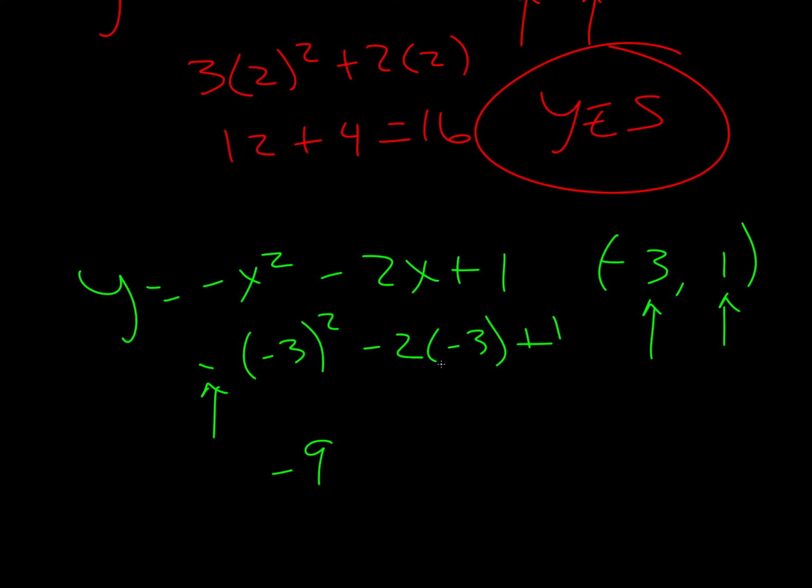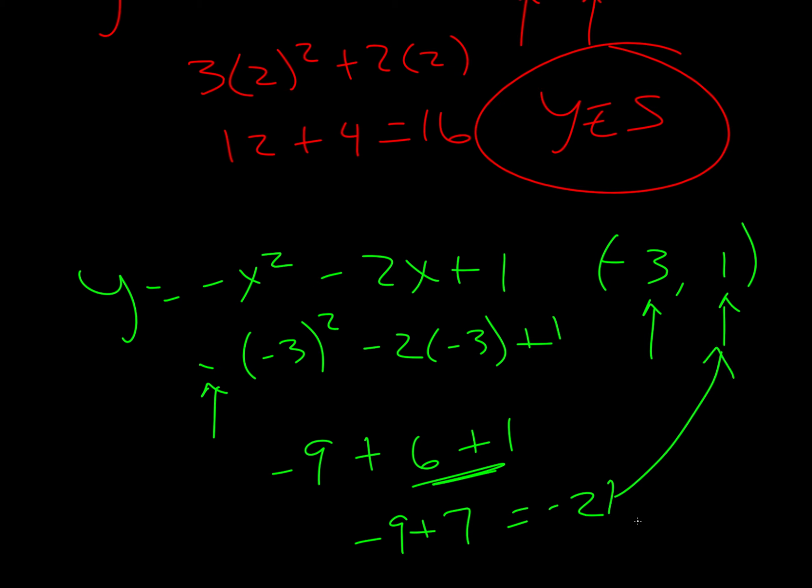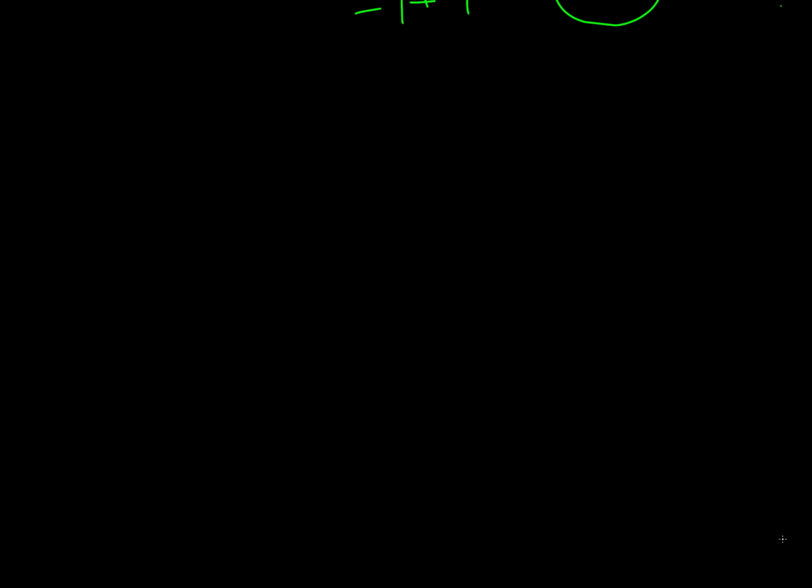So we have negative 9. This one is going to be positive 6 plus 1. Those together make 7, and that is negative 2, which is not positive 1, and so we say no on that one.